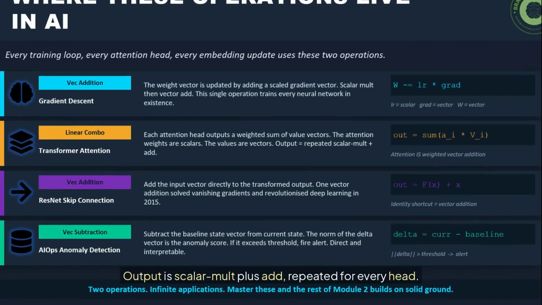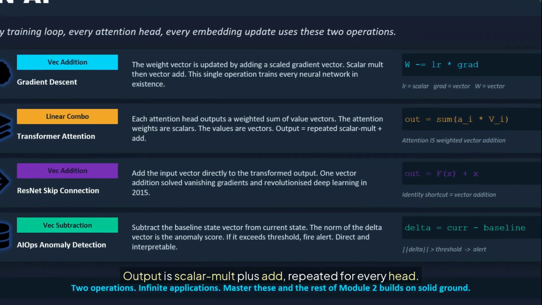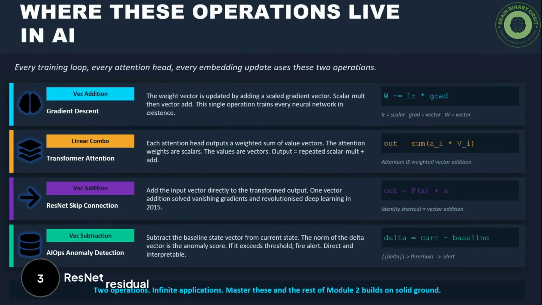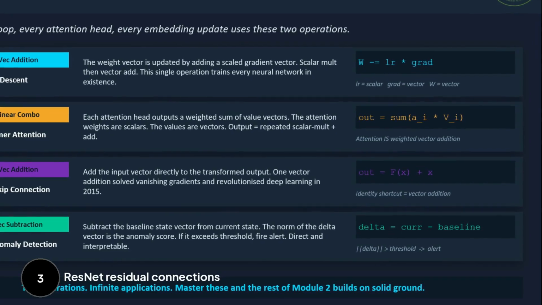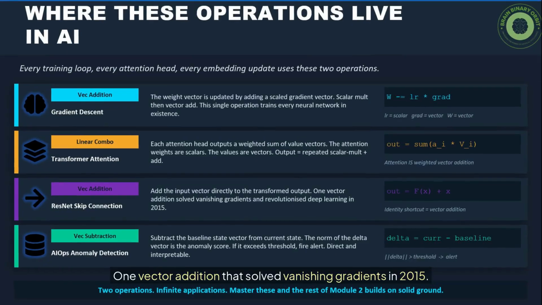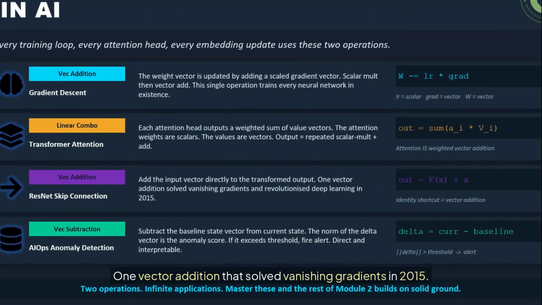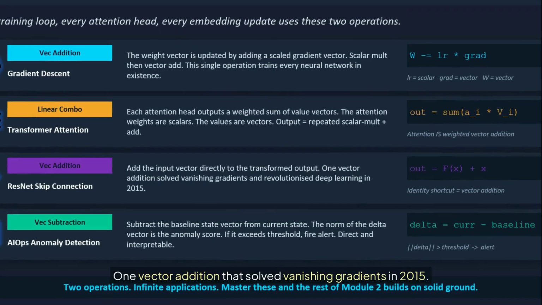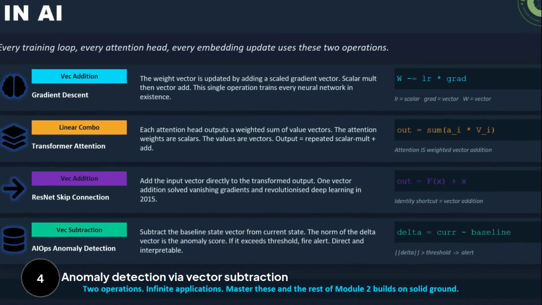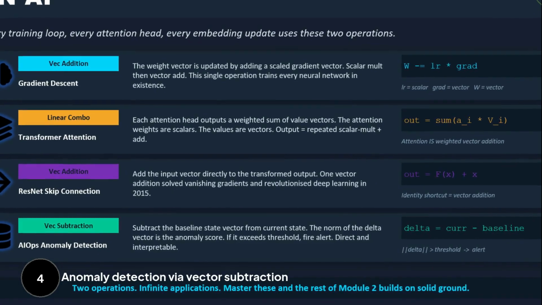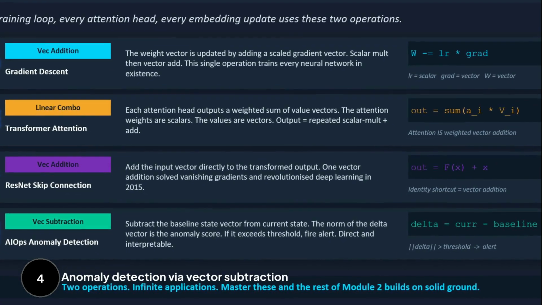Output is scalar multiplication plus add, repeated for every head. 3. ResNet residual connections. Output equals f of x plus x. One vector addition that solved vanishing gradients in 2015. 4. Anomaly detection. Subtract the baseline state from the current state, measure the norm of the delta.